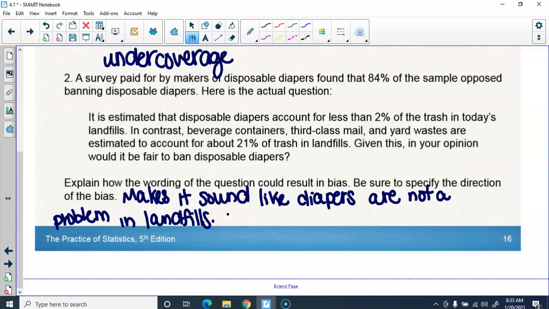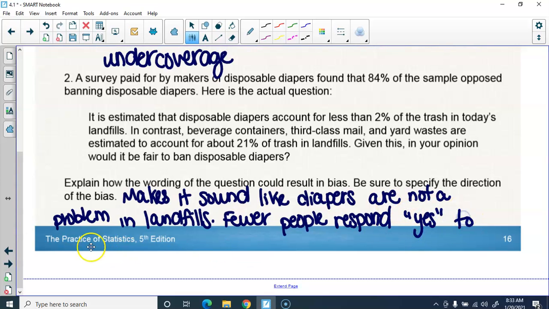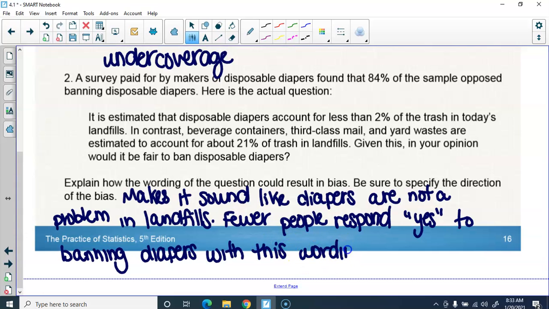It seems like because of the wording, we would expect fewer people to respond yes to banning diapers with this wording. And that means if this question was fairly worded, we would expect more people to say, yeah, we should probably ban disposable diapers.